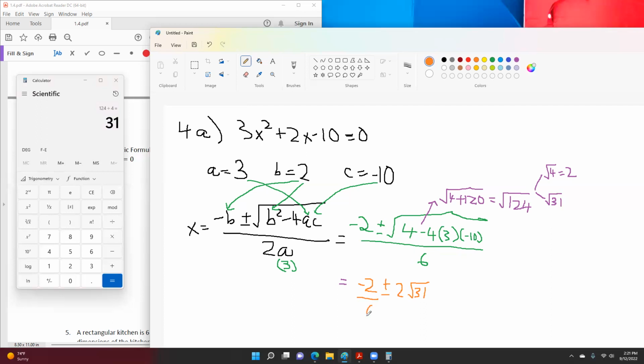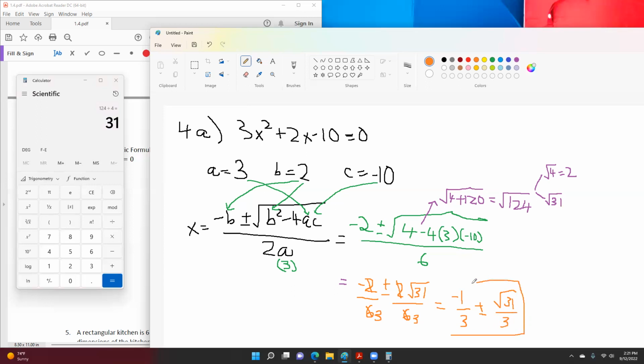But as I mentioned, I don't make it all over by 6 now. I will separate this into 2 because 2 and 6 can be reduced. So we know that 2 goes into 6 3 times. So what we have in this case is -1 over 3 plus minus root 31 over 3.